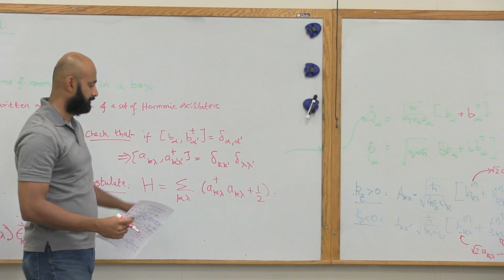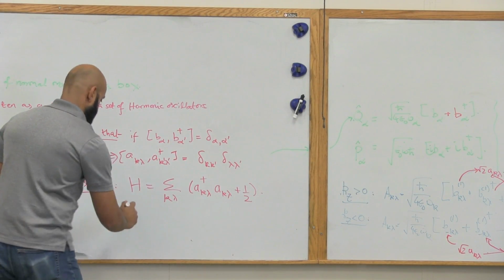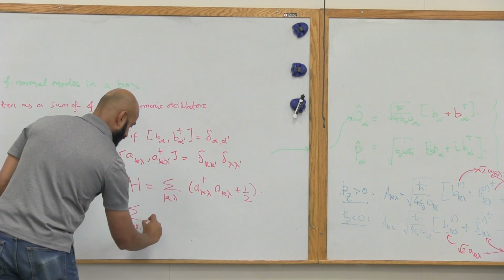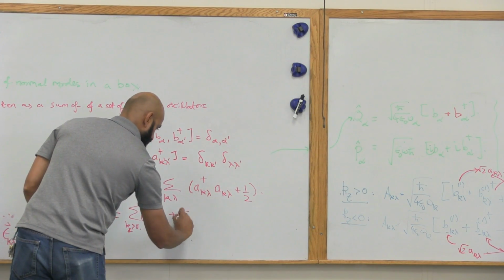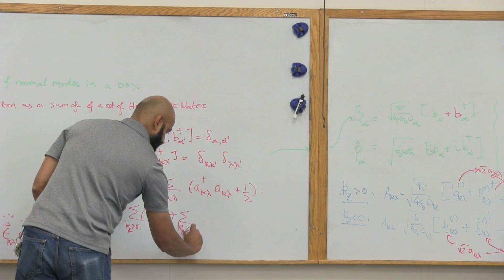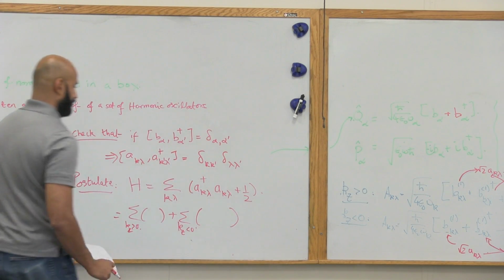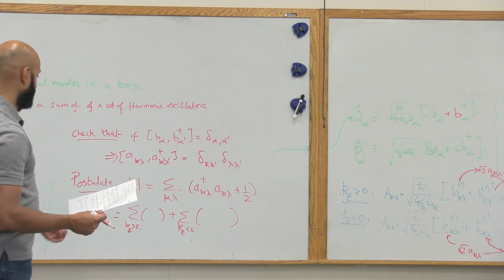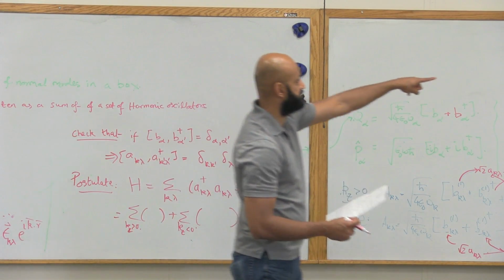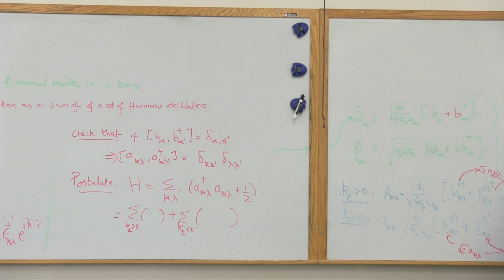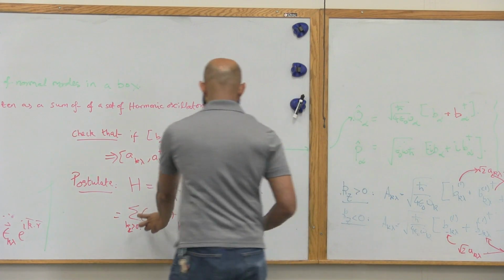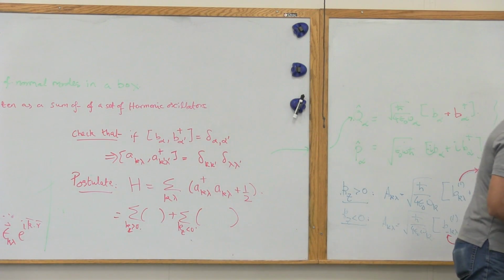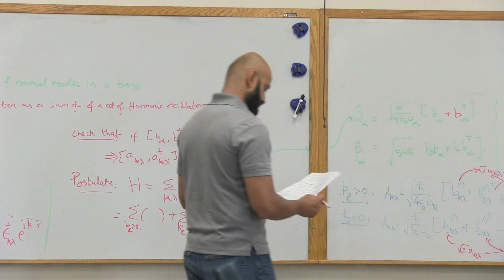Obviously I can split it up into two parts: one which is a summation over kz greater than 0 for all kλ, plus a summation over kz less than 0 of the same thing, right? And then I have to substitute for A_kλ with that expression over there for kz greater than 0, and for A_kλ dagger I have to substitute this expression for kz greater than 0, etc.